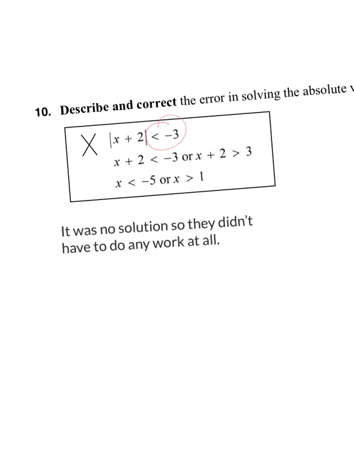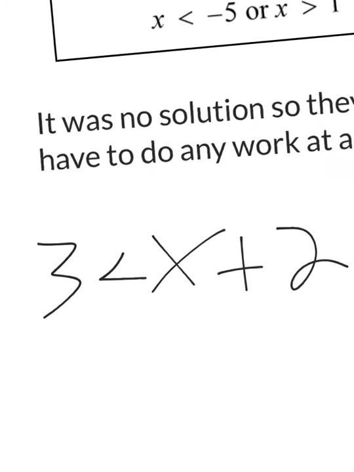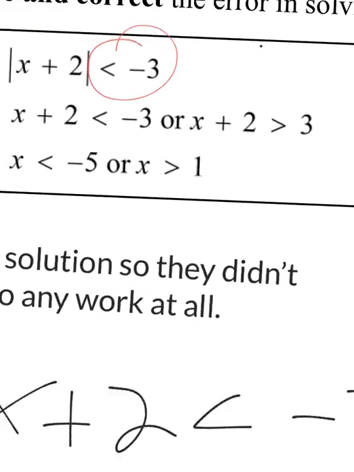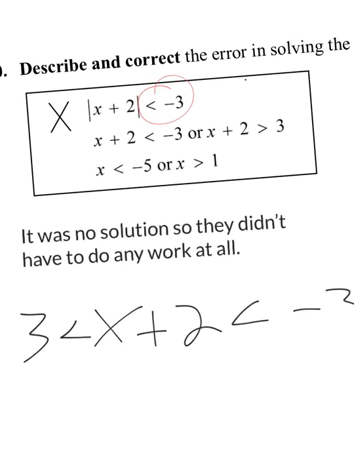Let me show you what I'm talking about. If I write x plus 2 less than negative 3 and then less than positive 3, looking at it like this, 3 is less than x plus 2. They wrote x plus 2 is greater than 3. So they just showed their work a little differently, but they did their arithmetic right.